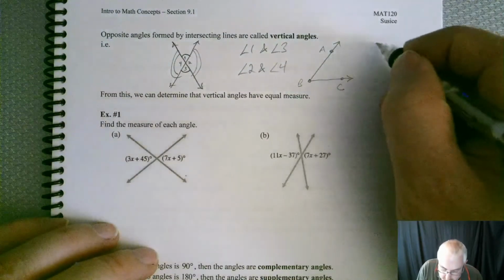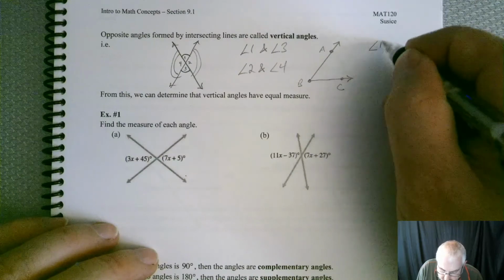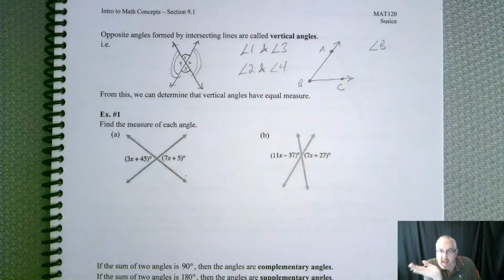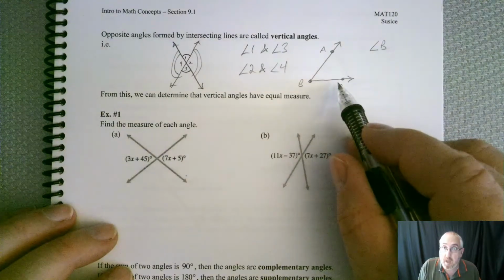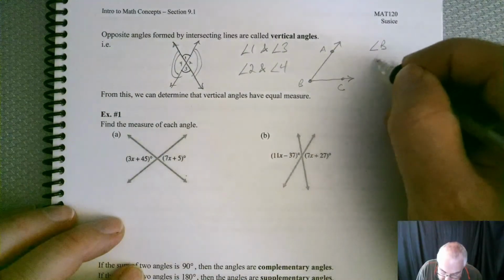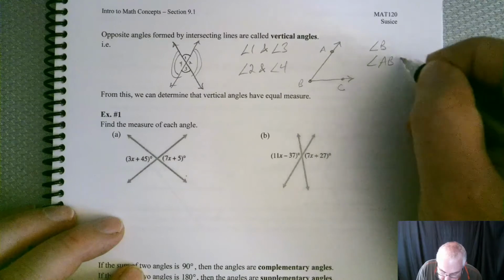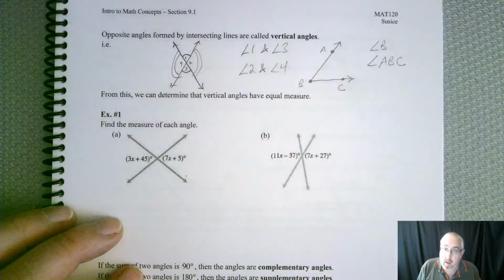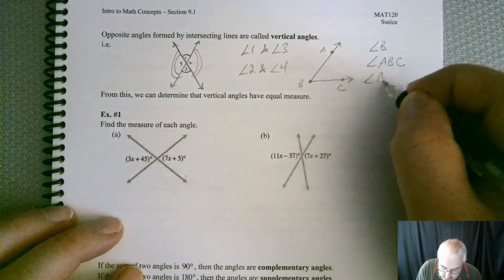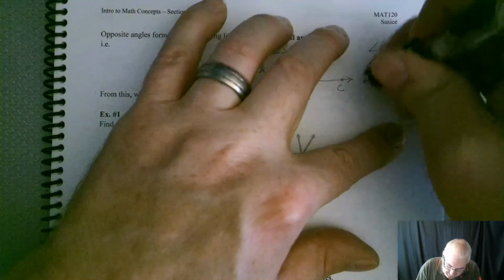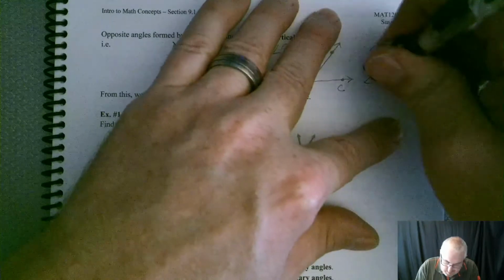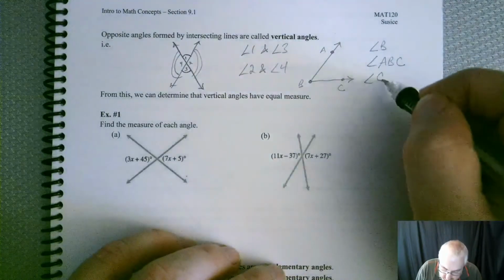So angle B. And again, it's kind of like a less than symbol, but it's flat on the bottom. So don't draw it like a less than symbol. Make it flat on the bottom. That's the proper way to do it. So I could describe this as angle B. I could also describe this as angle ABC. And I could also describe it as angle CBA.